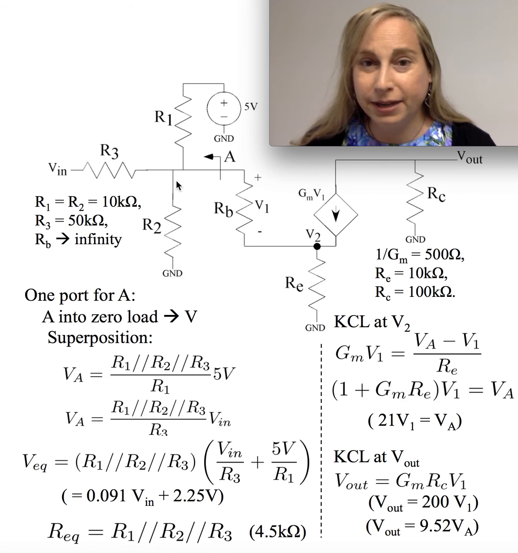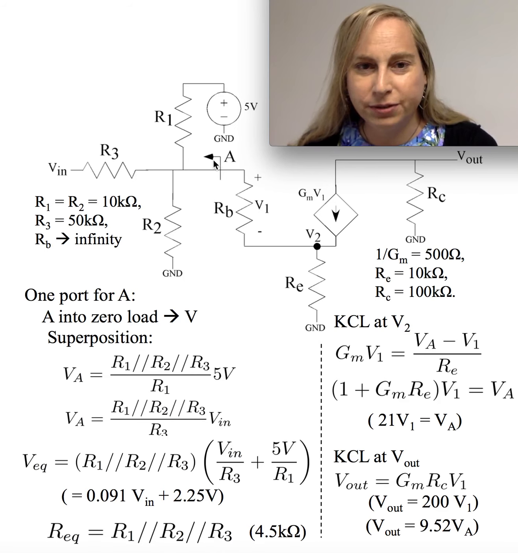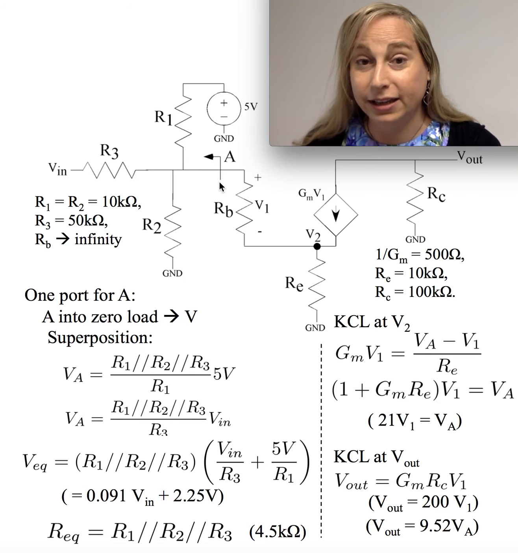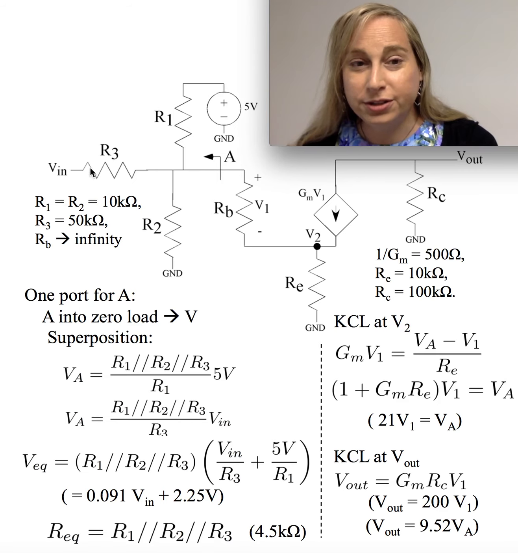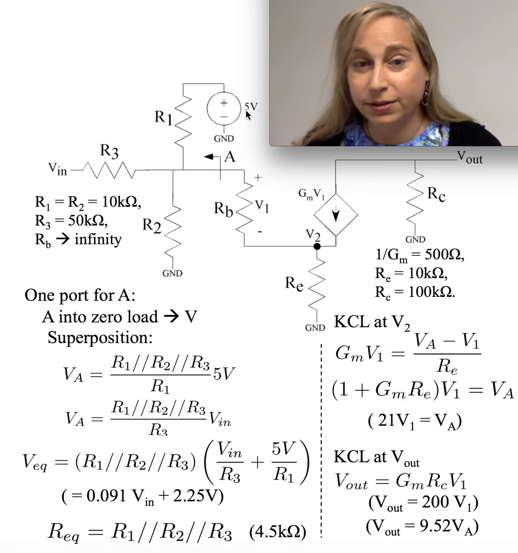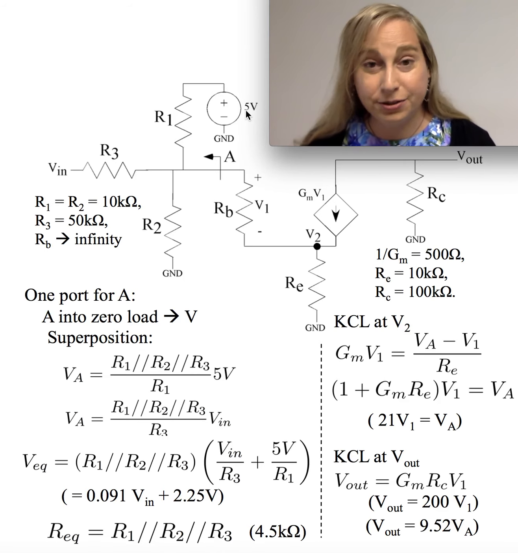Well, one way to think about this would be to say, imagine what is the voltage here at A, and I'll call it VA. And I can imagine what is the component of that due to just Vn alone and just 5 volts alone. Why can I do that? That's called superposition, right? I can turn them on separately, in any sort of combination, as long as I eventually complete it.